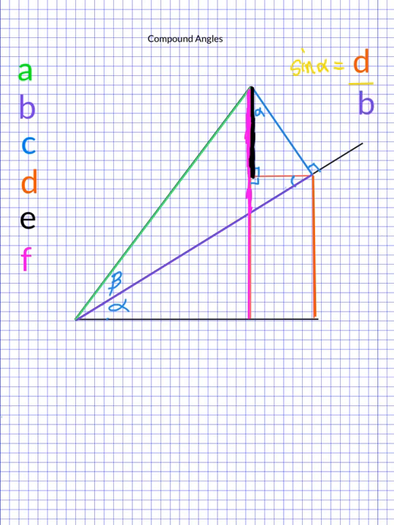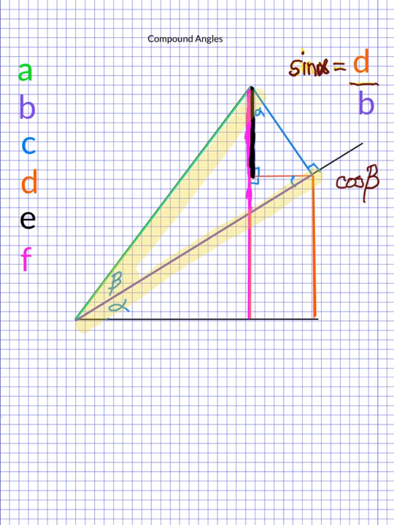All right, next we're going to talk about the cosine of beta. All right, so now we're going to focus our attention on this triangle. This is beta right here. And so the cosine is going to be the adjacent over the hypotenuse of this triangle.